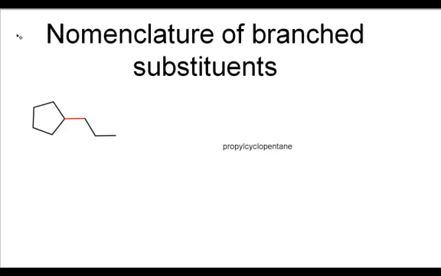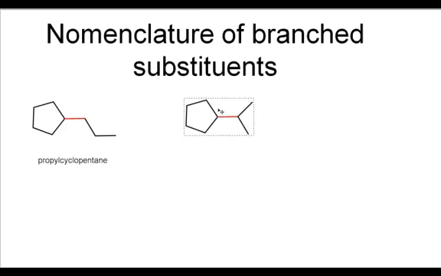Let me go ahead and just move this. Let's go ahead and have a look at another example. Now, I think that you can see that this molecule is very similar to the first one that I showed you. I have a 5-carbon ring, so that's a cyclopentane, and that is attached to a 3-carbon substituent. But this 3-carbon substituent is a little bit different from the first one.